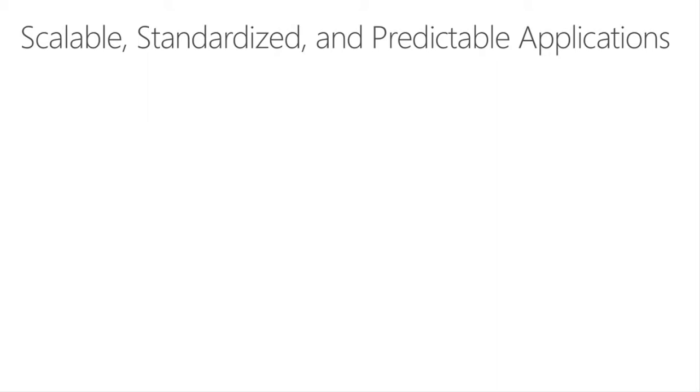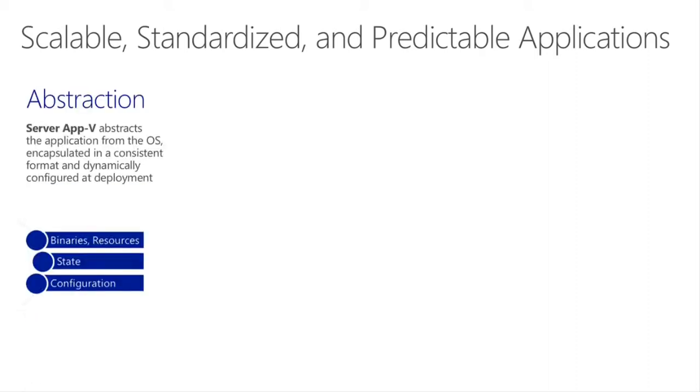We do this through a couple of key constructs. First is abstraction. By encapsulating the application in, say, what we call a Server App-V bubble, we can maintain a consistent form of the application, dynamically configure it at deployment, and actually remove the tight coupling of an application with the OS.